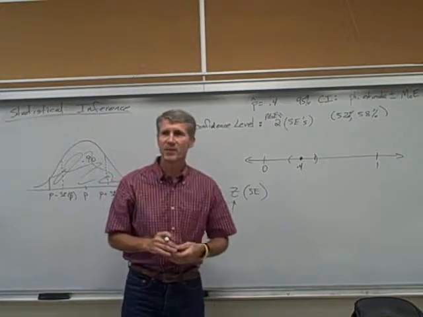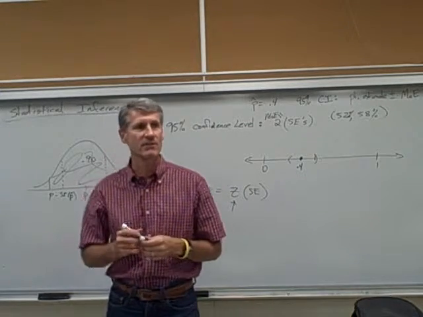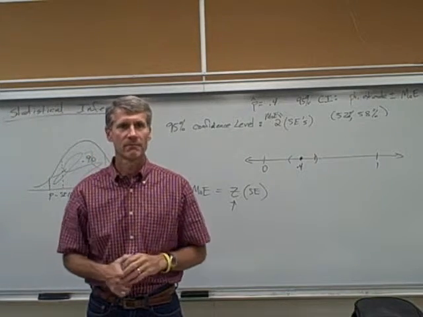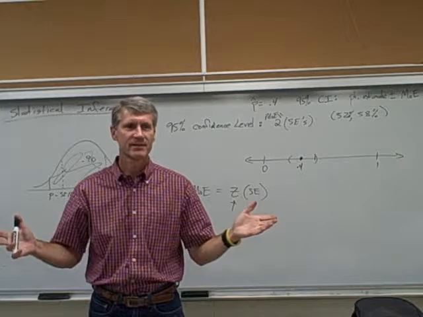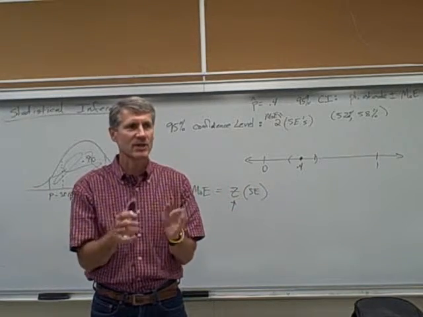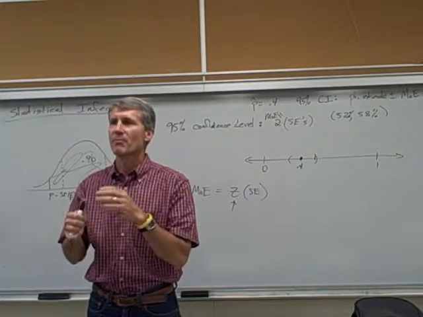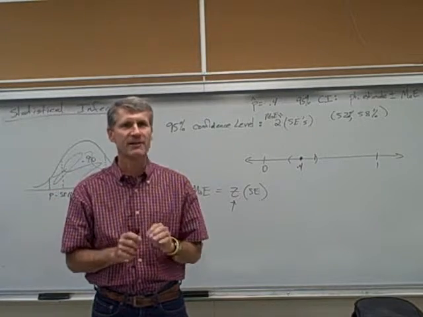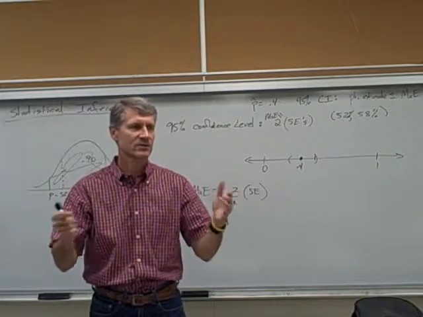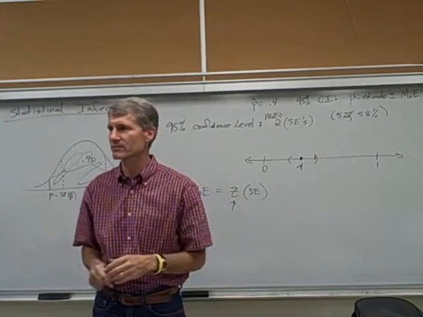So when they quote it in the paper and they say plus or minus margin of error of 3%, what was their confidence level? We don't know. They never say. The media will never say margin of error is plus or minus 3% for 95% confidence. But I guarantee it is 95% confidence. That's just the standard practice is to compute 95% confidence intervals.